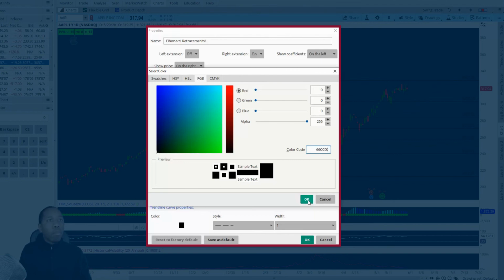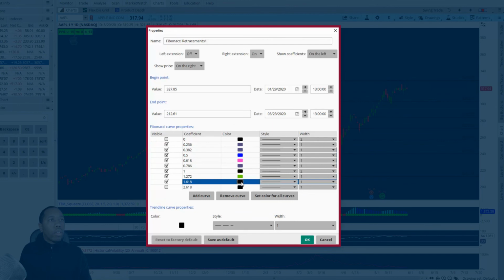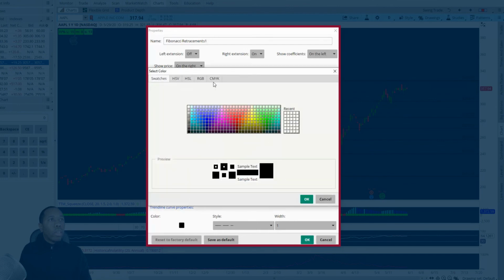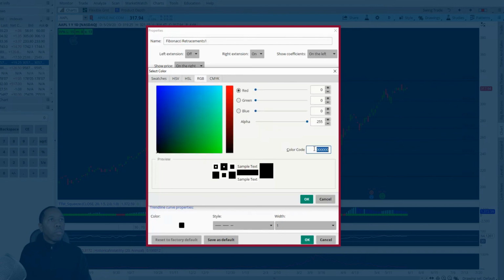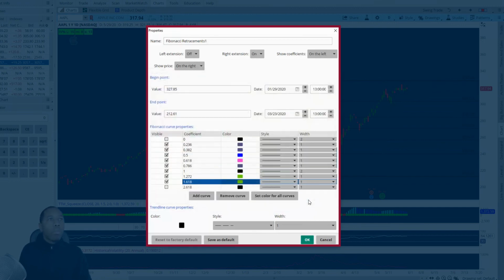All right. We'll do the same thing at this target. All right. 66CC00. All right. And here at the top, well, if you look down here at the bottom, the color black, I like to leave that black.